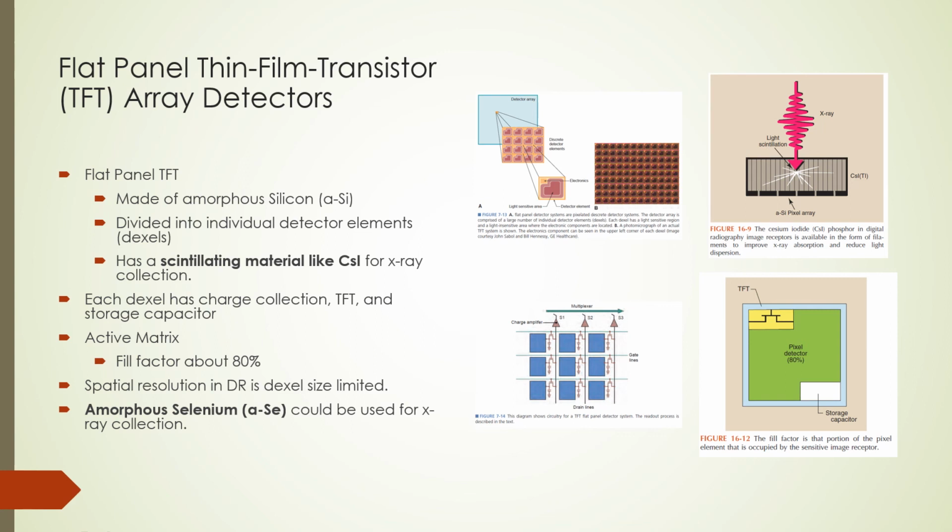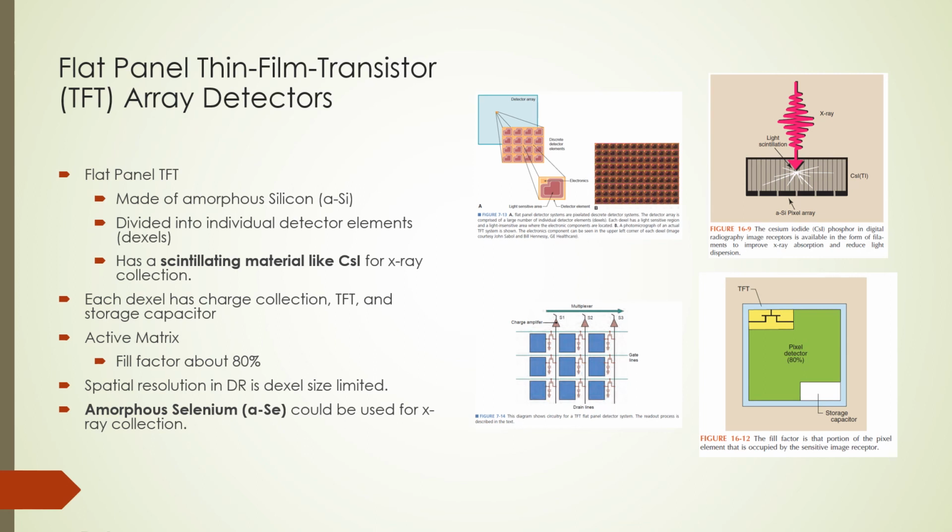When a cesium iodide scintillator is used to produce light from X-rays, the light collection element is an amorphous silicon-based TFT photodiode. Large area TFT arrays are divided into individual detector elements called dexels. The percentage of the dexel phase that is sensitive to light from the cesium iodide scintillator is called the fill factor.